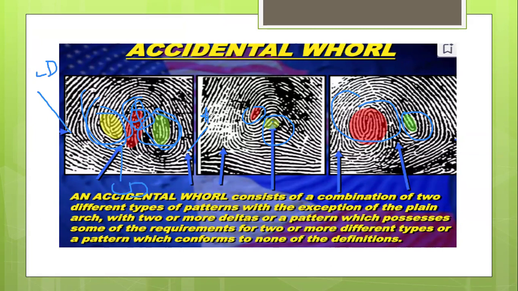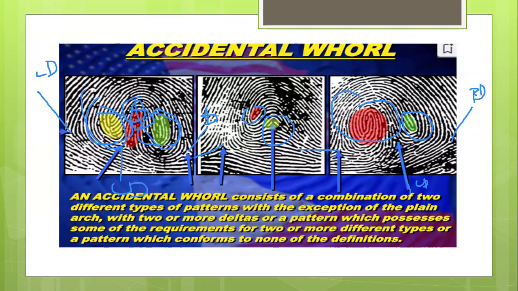Is that clear? Another one, does this have a delta? Yes, this is a left delta. And this is the, there. Another set of delta. Same goes here, delta. And we have this, another center delta. This is the CD. And this one is the right delta. So it has 3 deltas.